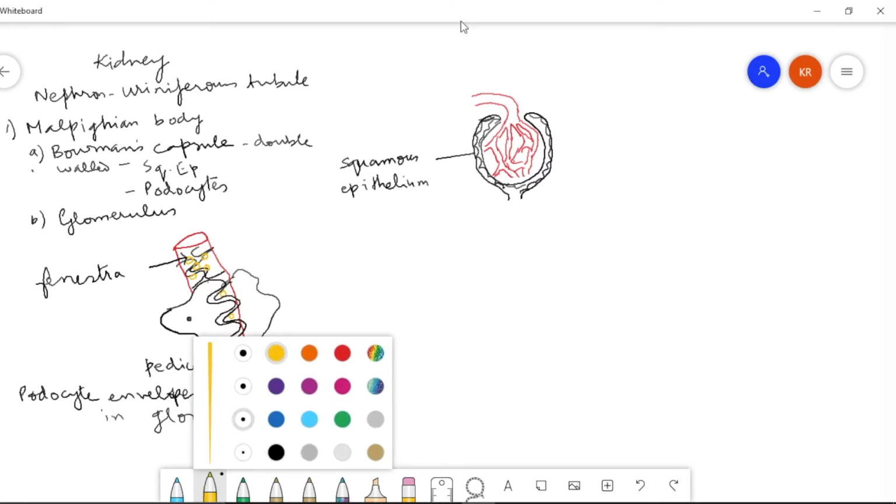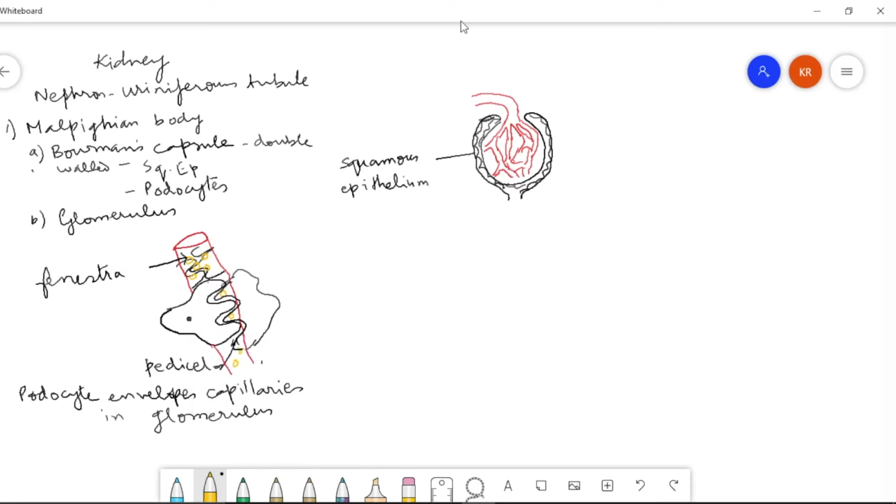Try to understand what I am trying to explain to you. On this diagram, this is the blood vessel. You are able to see the blood vessel, but if I show the podocytes like this on the surface, like wriggles, like this yellow part which I am showing in a winding manner, now it means that you cannot see the glomerulus.